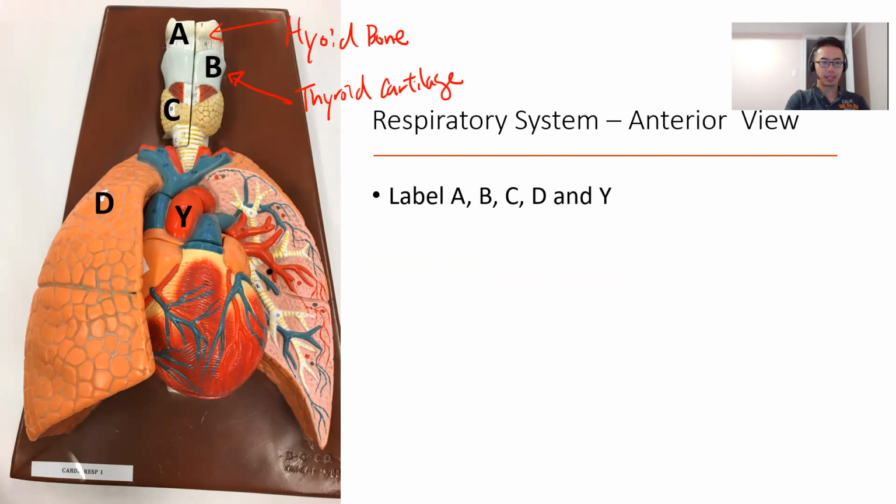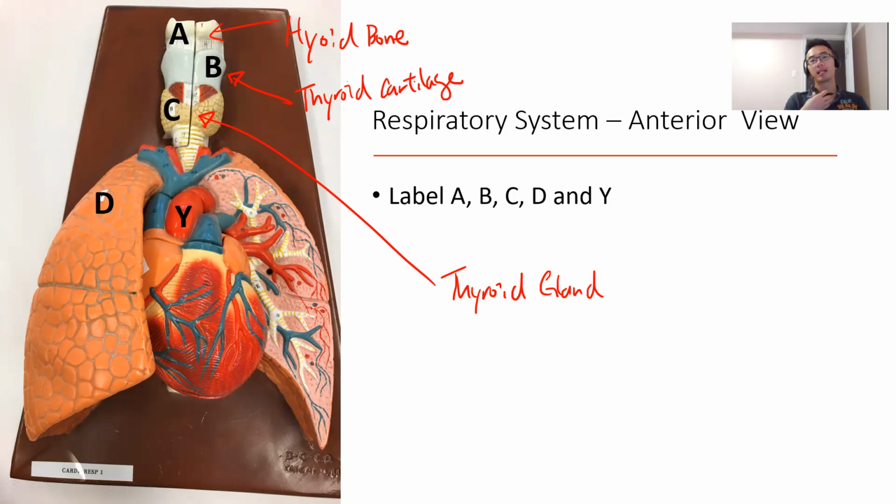C is one that gives people trouble because I mentioned it, but then I didn't really explicitly write it down in many cases. That is your thyroid gland. I think I might have mentioned it in lecture 2 when we did autoimmune disease. Thyroid gland here.